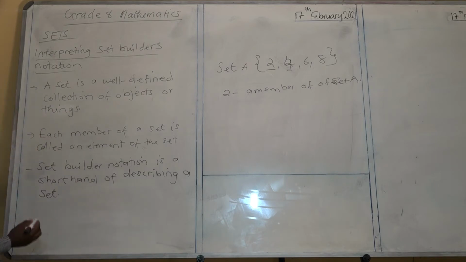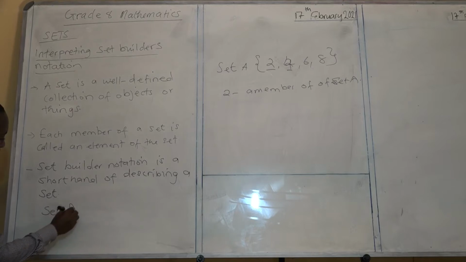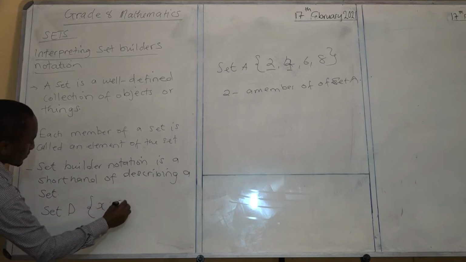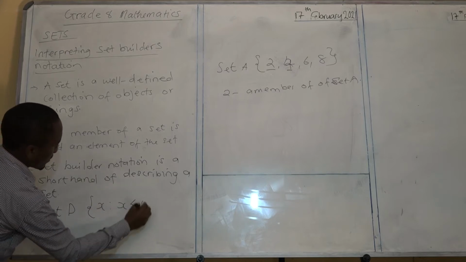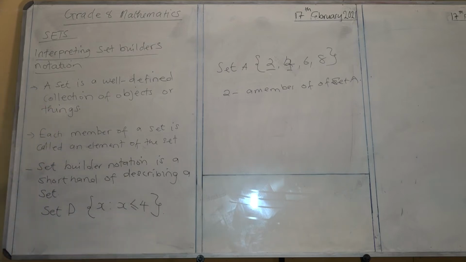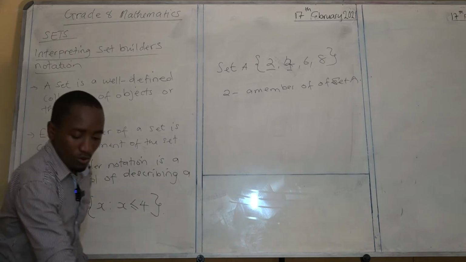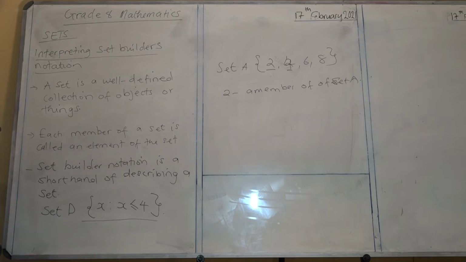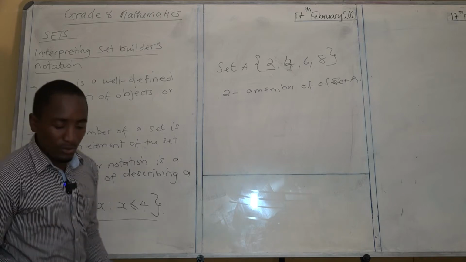Let's take, for instance, set D. Set D is telling us that x is such that x is less than or equal to 4. The way I've written it here is called a set builder notation.